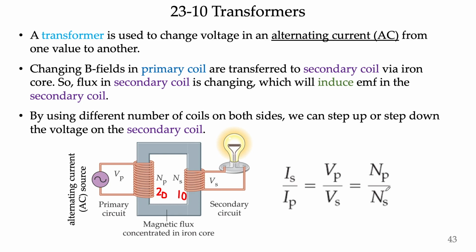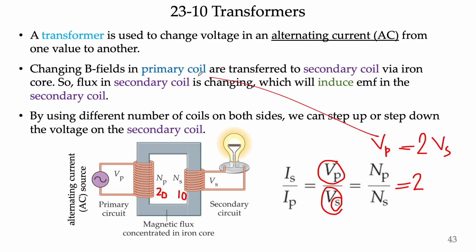So NP divided by NS, this factor would be 2, okay? So the voltage in the secondary coil will be half of the voltage in the primary coil. From here you can write Vp equals 2Vs. That means whatever the primary coil voltage is, the secondary coil voltage would be half of it.